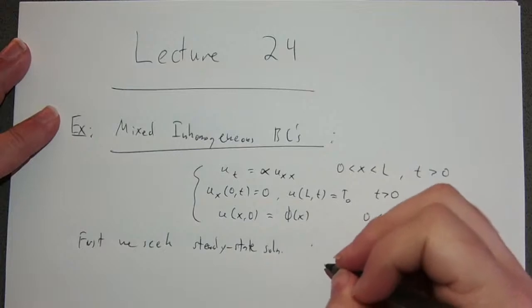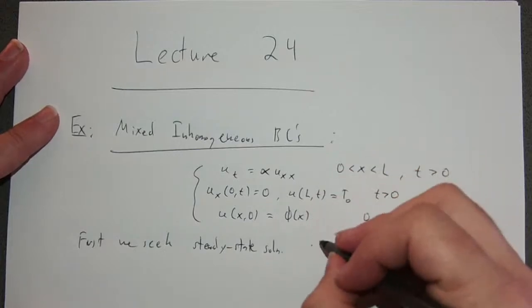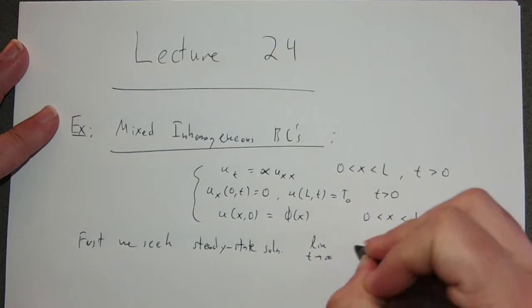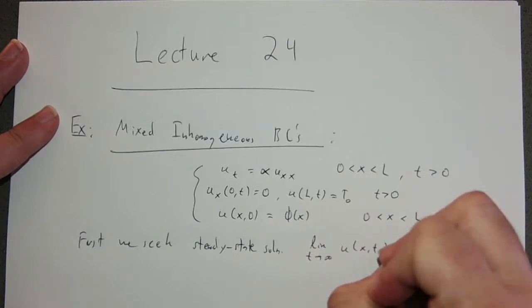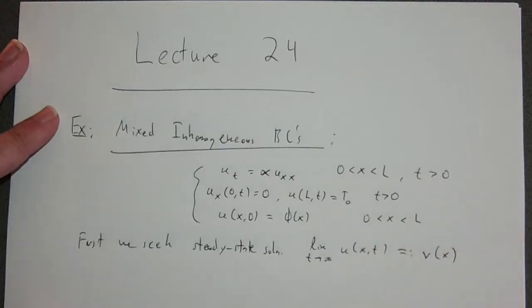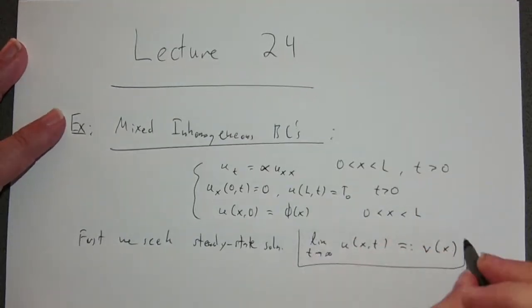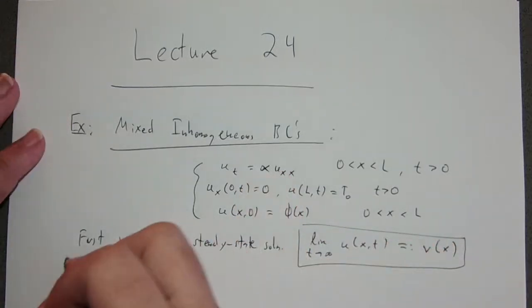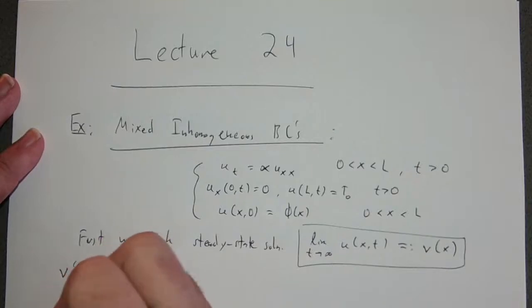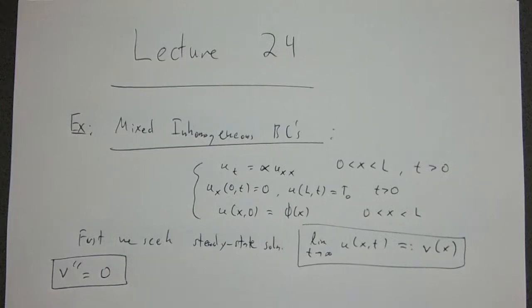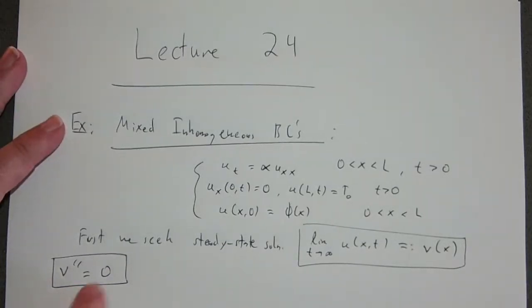So this is the long term limit, right? The limit as t goes to infinity of u of x, t. Call that thing v of x, since this is no longer going to depend on t. If this is going to solve this, then v double prime is equal to 0.